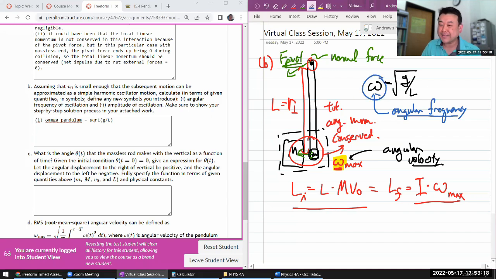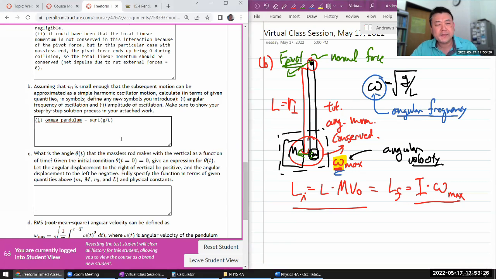This refers to the phase angle. This refers to physical angle. It's one of the confusing things about pendulum motion. So when it says amplitude of oscillation, I think what it's looking for is a theta max.